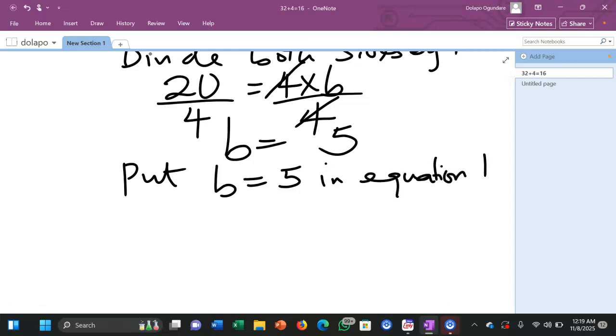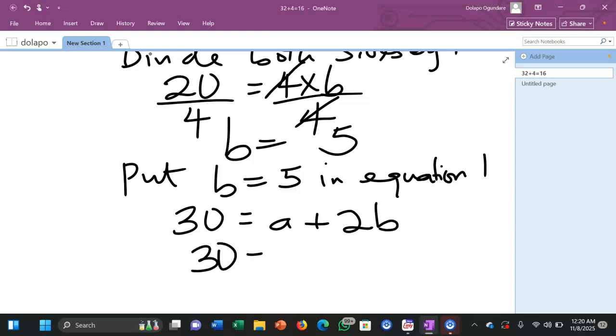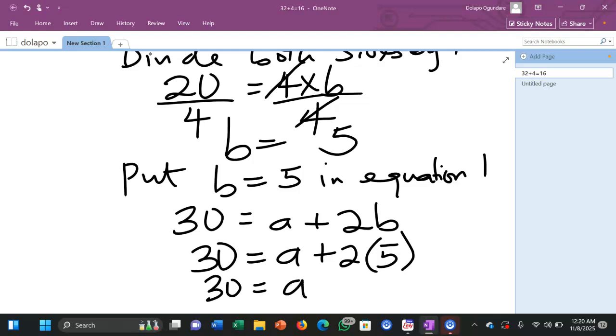Equation 1 says 30 equals a plus 2b. So now 30 equals a plus 2 into bracket 5. So 30 equals a plus 2 times 5, which gives me 10.